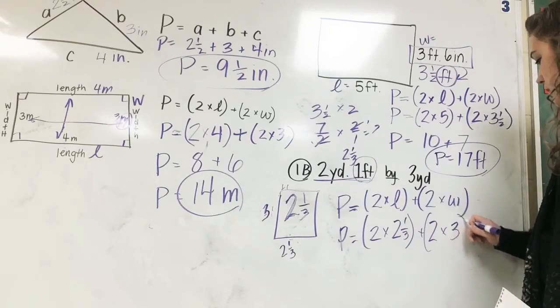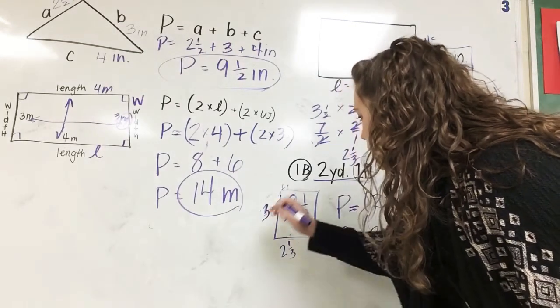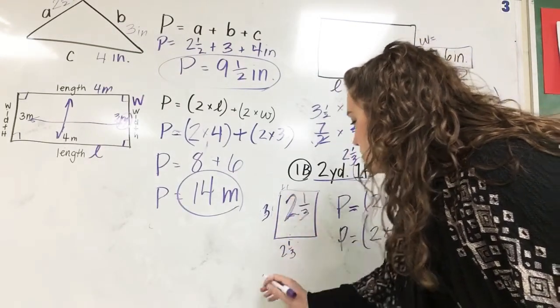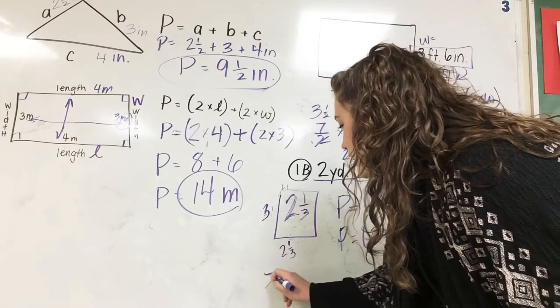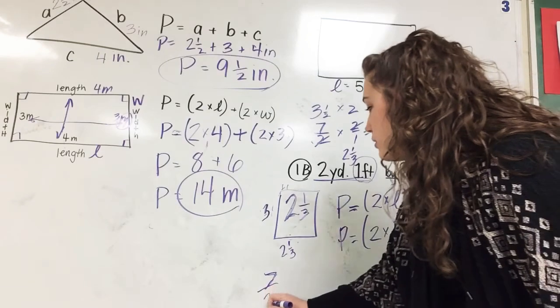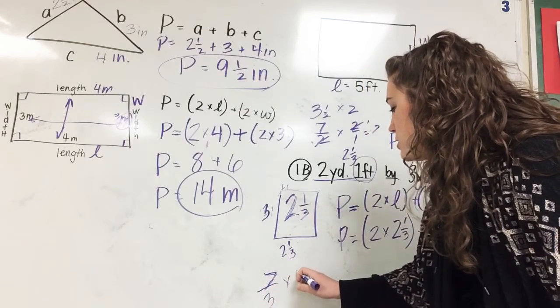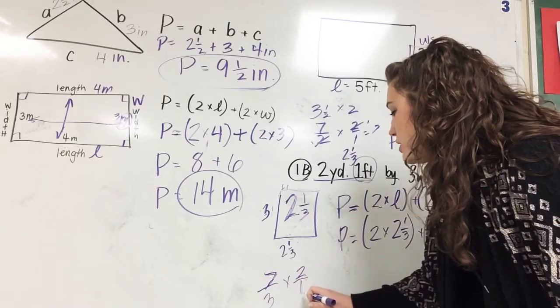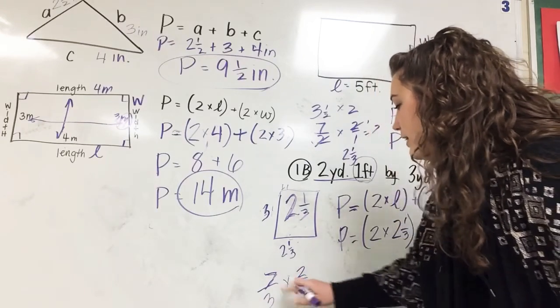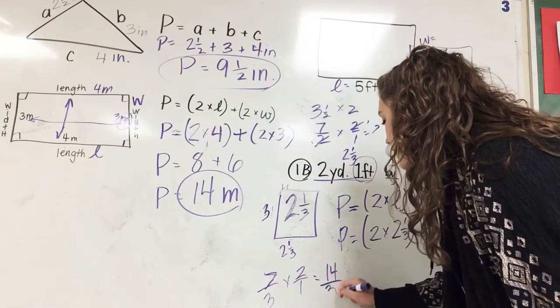3. Okay, now let's actually do the math on the 2 1/3. So 3 times 2 is 6 plus 1 is 7 over 3, okay? I'm making it into an improper fraction. And then I'm doing 2 times 2, which a whole number into a fraction would be 2 over 1. Okay, I can't cancel out, so I'm going 14 divided by 3.